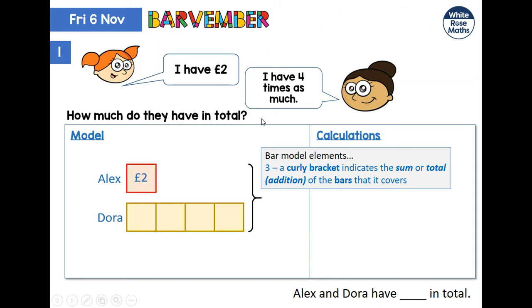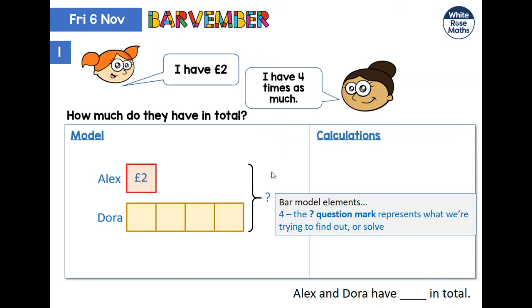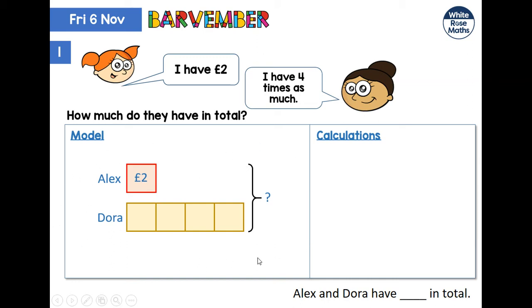So that's between them. And in total, we use a curly bracket to say that we're going to be adding up the values in our bars, and our question mark is a key bar modeling element to indicate what we want. So all that information from the picture about Alex, Dora, and the question is now included here.